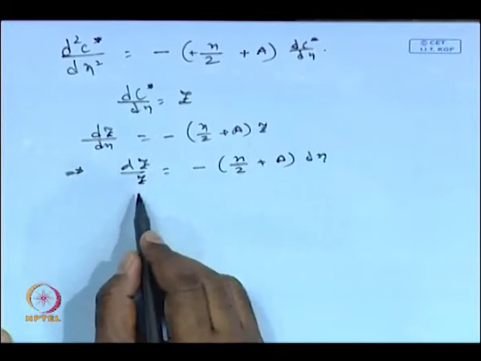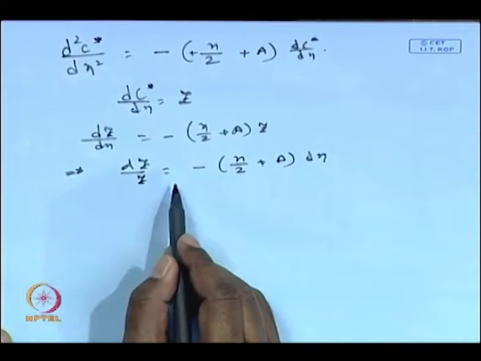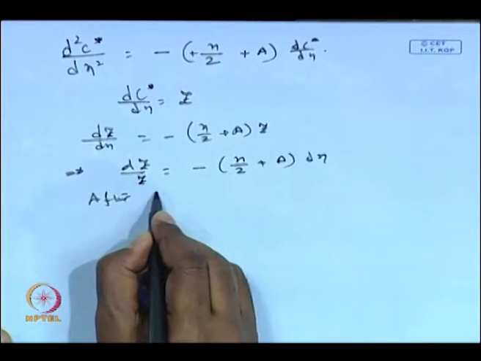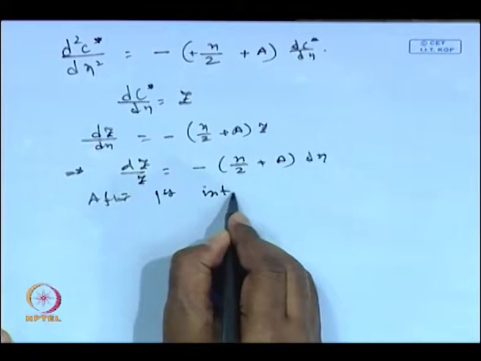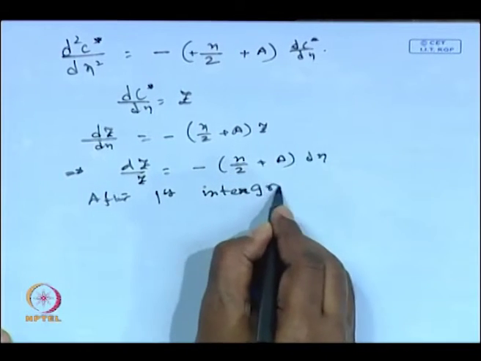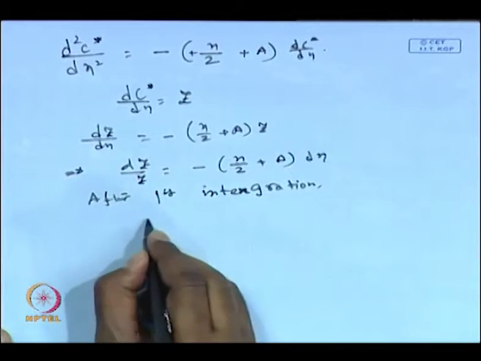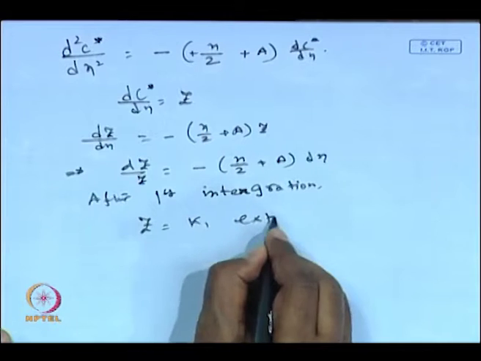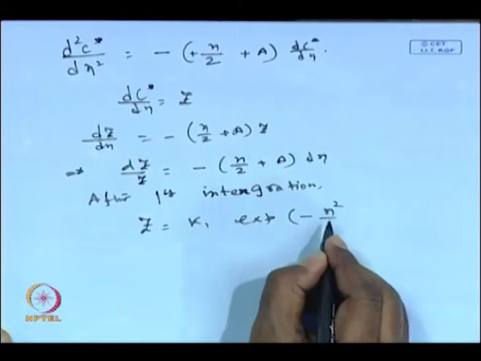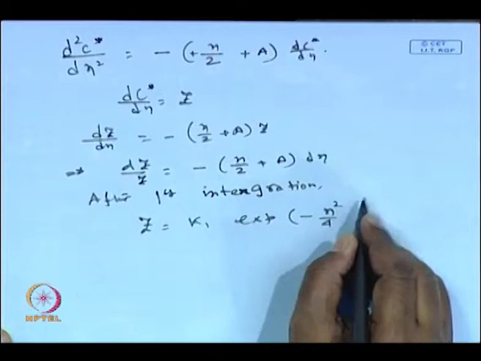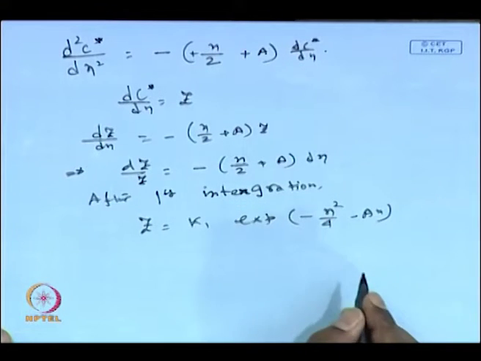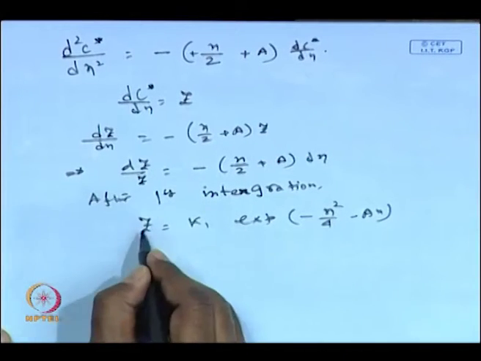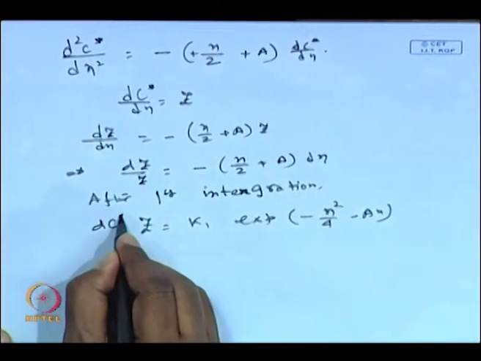The first integration gives ln z, so you get z equal to k 1 exponential of minus eta square by 4 minus A eta. Here k 1 is the first constant of integration. What is z? Z is nothing but d c star d eta.